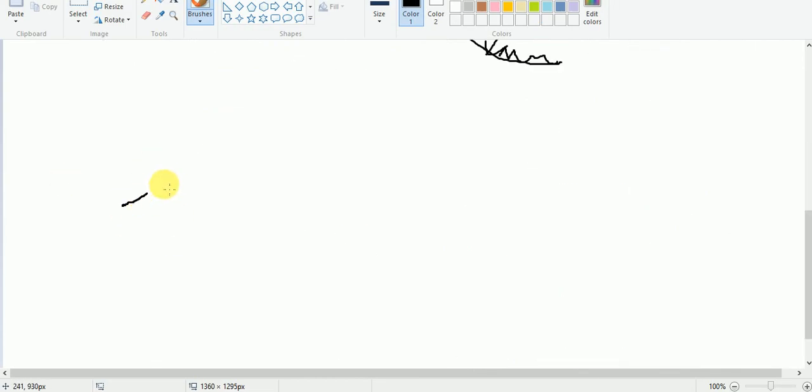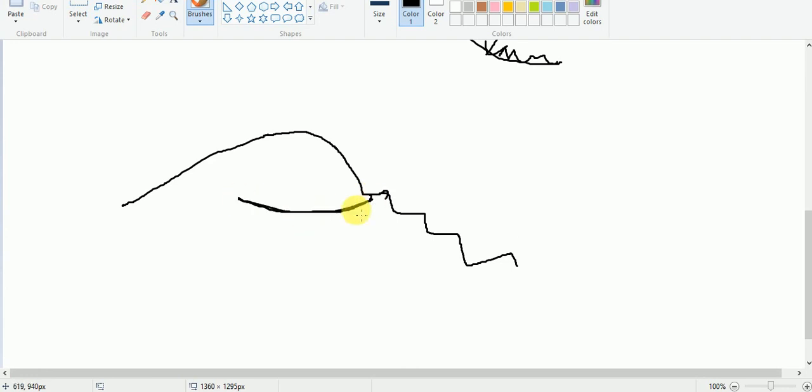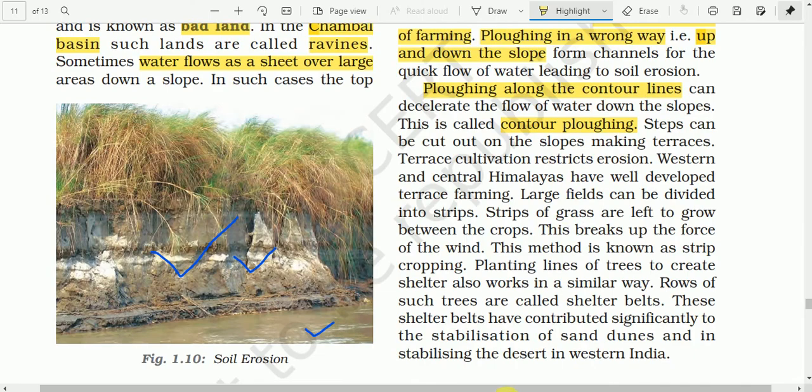For example, this is the mountain slope, and we have to make terraces, and there should be bunds here, and ploughing should be done horizontally in this way. This is known as contour ploughing after making the terraces.